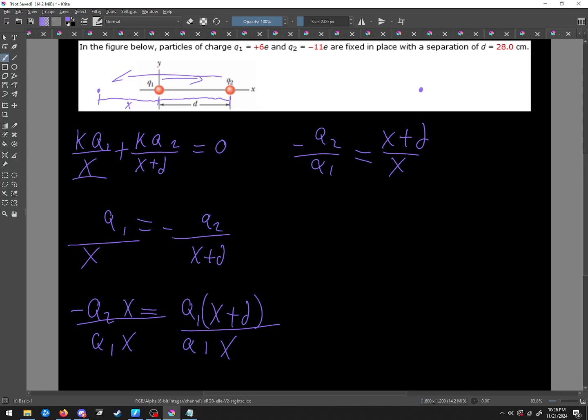X over x equals 1. Let's roll it back. We have this in this form. We really do want to get x isolated.